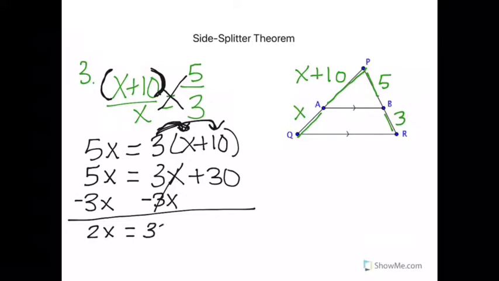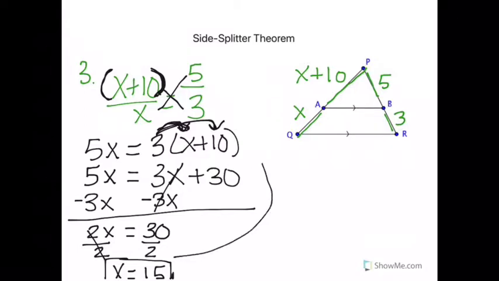Bring down my equal sign, bring down 30. Divide both sides by 2. x equals 15. So that means that this section is 15. This section is 15 plus 10, which is 25.